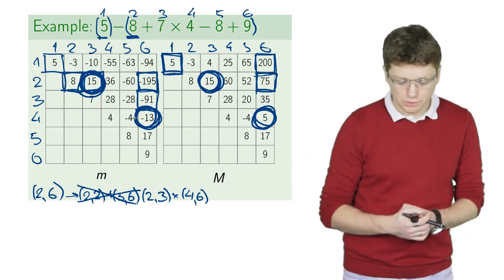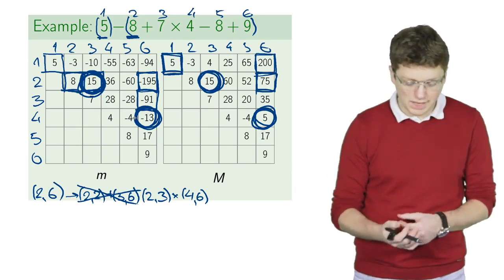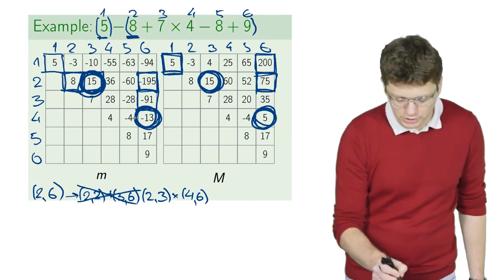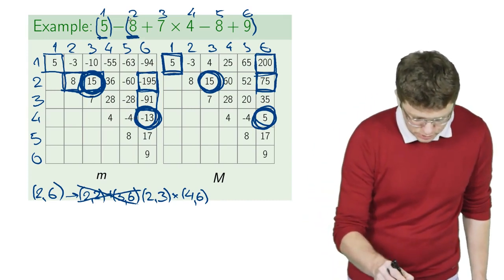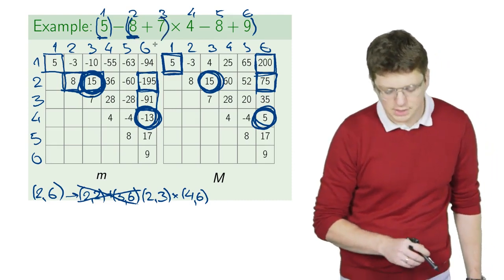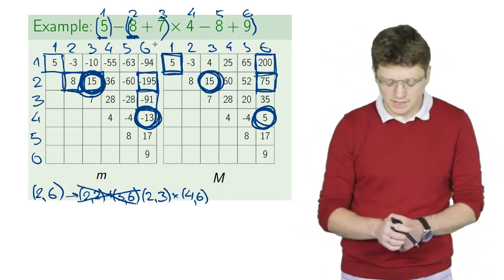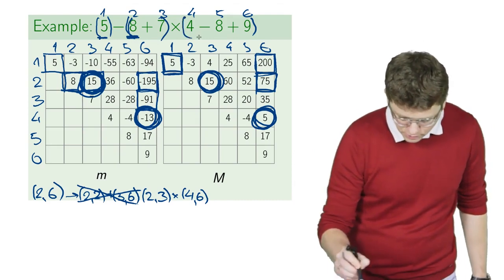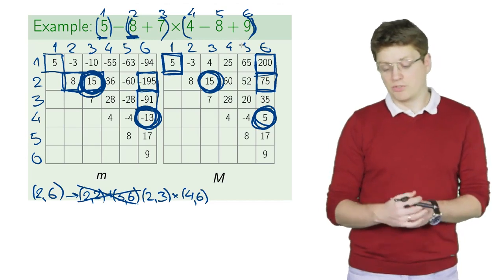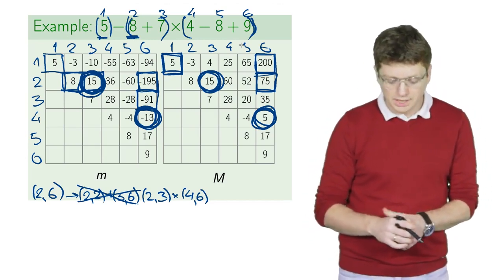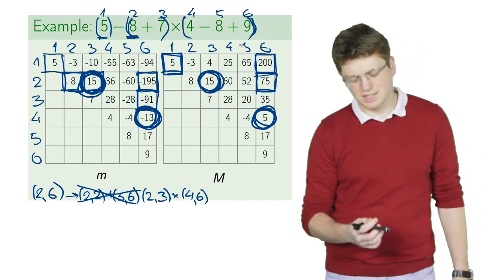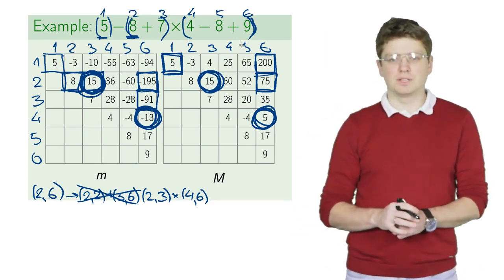And this in turn allows us to conclude that to get minus 195 from the sub-expression 2,6, we can first compute the sum of 8 and 7. This gives us 15, and then multiply it by the result of the second sub-expression. Well, now it remains to find out how to get minus 13 out of this sub-expression 4,6, but in this small example, it is already easy.